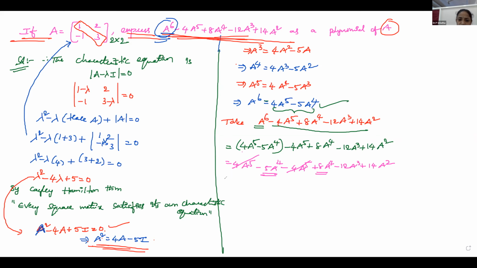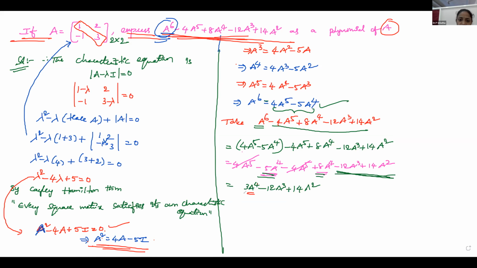From that we can write 3a power 4. And the remaining polynomial is minus 12a cube plus 14a square. Okay, so what is the highest power here? A power 4, isn't it?